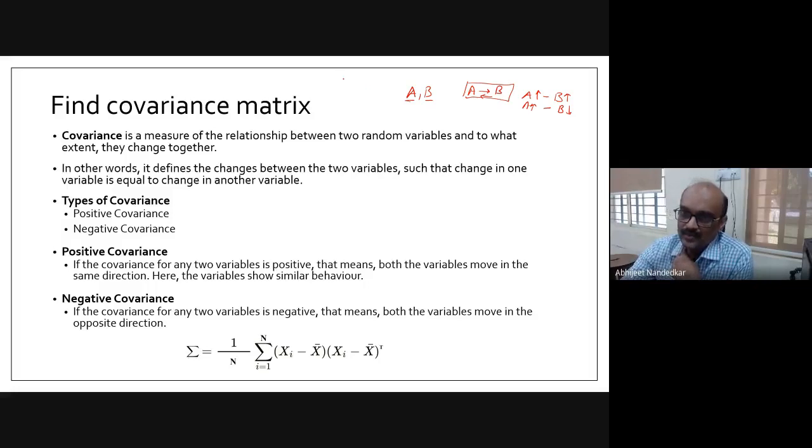Say you may have three variables, A, B, C. You can write A, B, C here, then A, B, C. In this covariance matrix, I write here sigma A square, that will give you the covariance of variable A itself. When I write here sigma AB, then it is the covariance of variable A with respect to B, and so on. So I can keep on writing like this. This will be AC, this will be sigma BA.